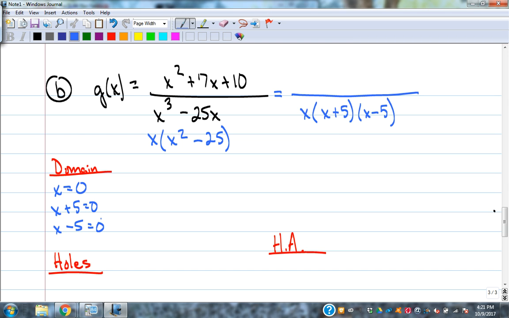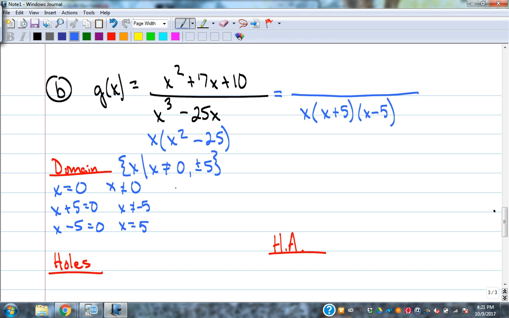So x equals 0, x plus 5 equals 0, x minus 5 equals 0. That gets me 3 values that x cannot be for my domain. X can't be negative 5, x can't be positive 5, and x can't be 0. So set notation is pretty easy: x does not equal 0 or plus or minus 5.